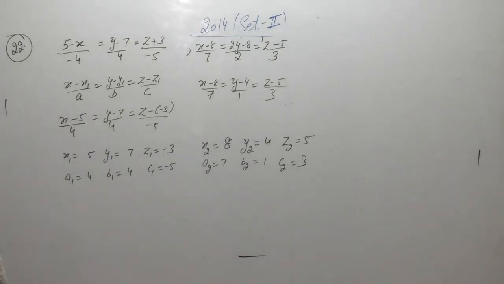So we get the values x1 is 5, y1 is 7, z1 is minus 3, a1, b1, c1 are 4, 4, 5, and x2 is 8, y2 is 4, z2 is 5, a2, b2, c2 are 7, 1 and 3.